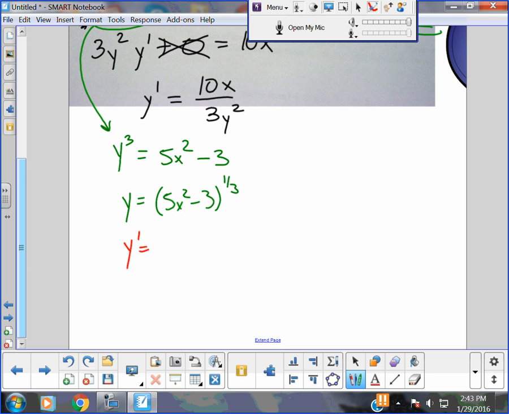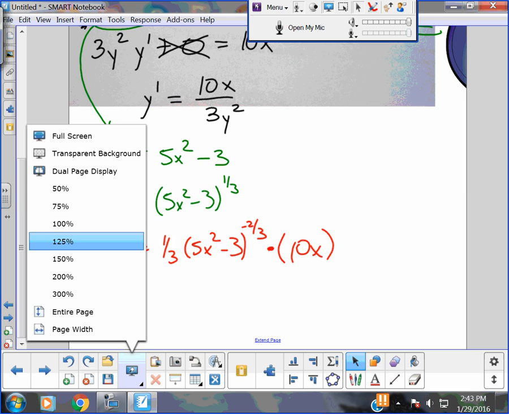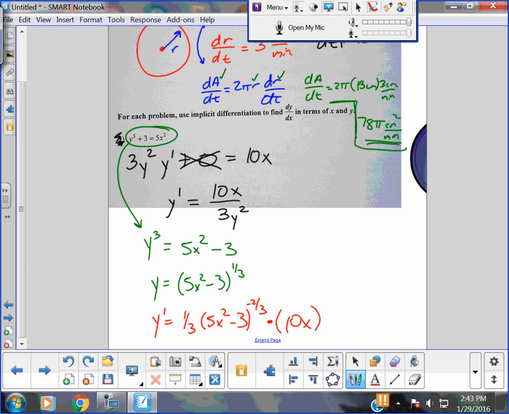It's a chain rule. 1/3 times (5x squared minus 3) to the negative 2/3 power times derivative of the inside, 10x. So what I'm telling you at this point is that this red derivative is the same as the black one. And if you would substitute in, you could do the substitution and prove it.